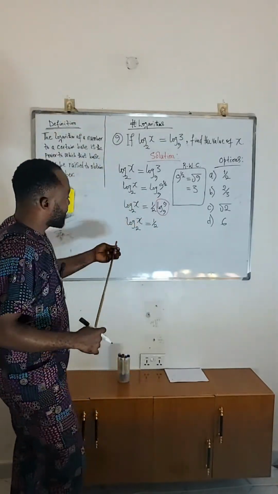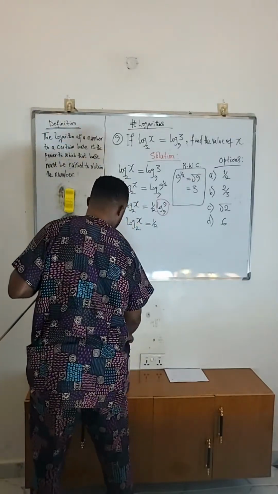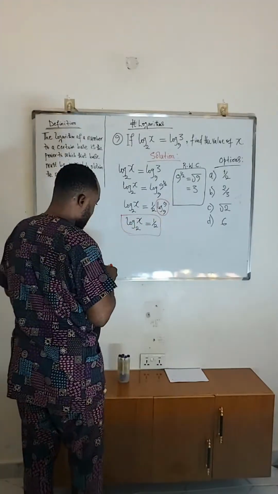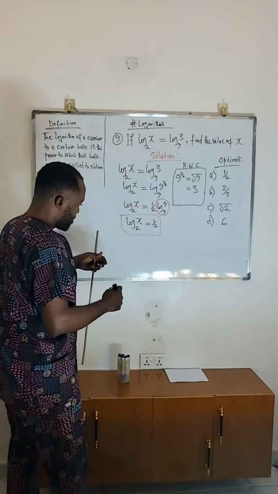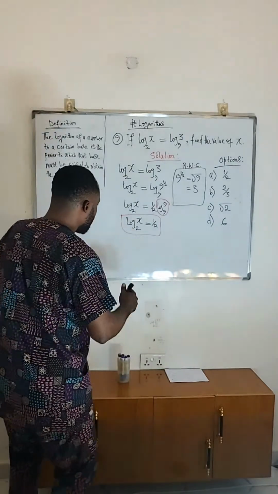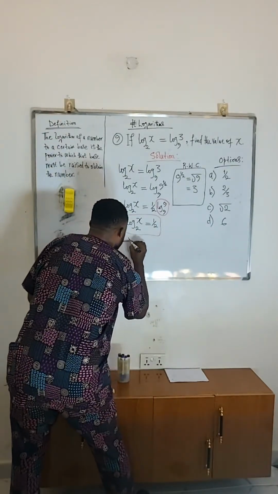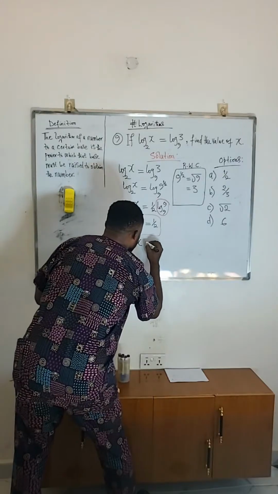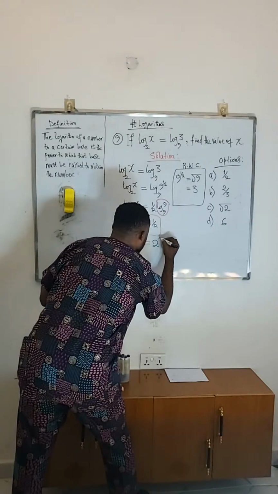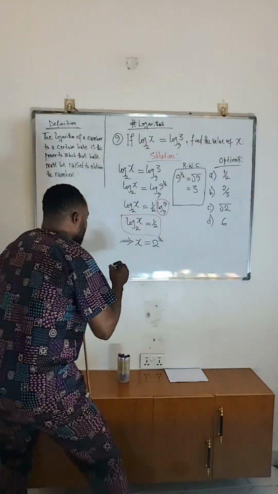It therefore means that from here now, we can use the definition of logarithm to solve this. Meaning that x is going to be equals to 2 raised to the power of 1 over 2. Is that right?